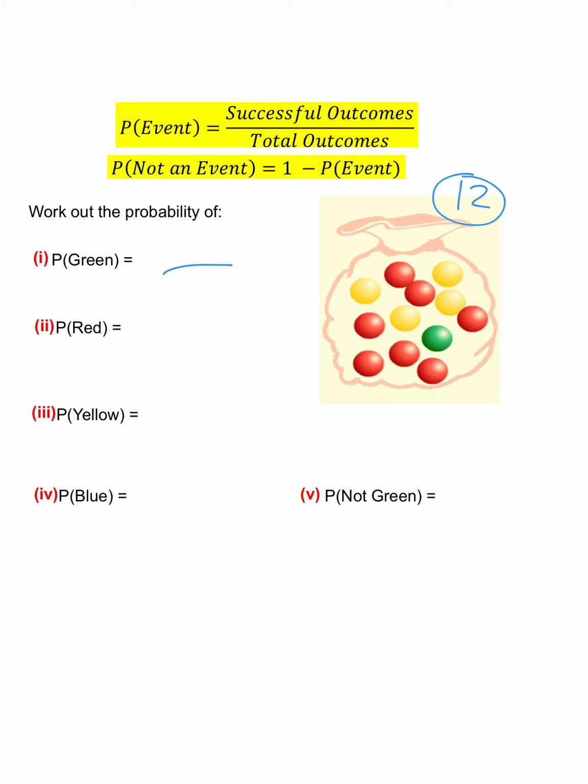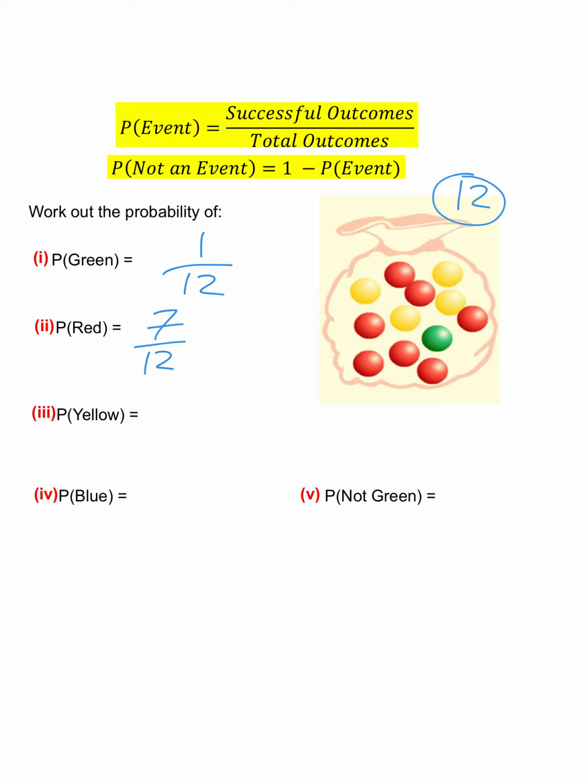So the probability of green will be out of 12. There's one green ball, so we have 1 over 12. Probability of red now, so let's see how many red there are. We have 1, 2, 3, 4, 5, 6, 7, so that'll be 7 out of 12.